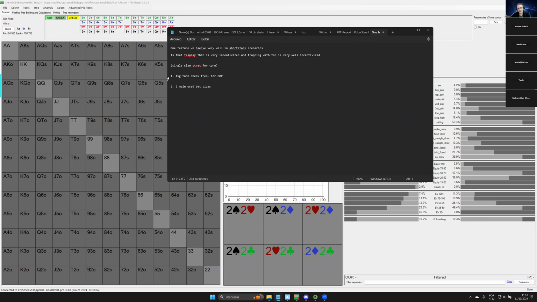Average turn check frequency and main size use, two main size use as bet sizes. What do you think, guys, when we check the flop? Remember our range checking the flop. We analyzed that in depth, right? We already know that. But now I want the answers for this. What do you think will be the case now?